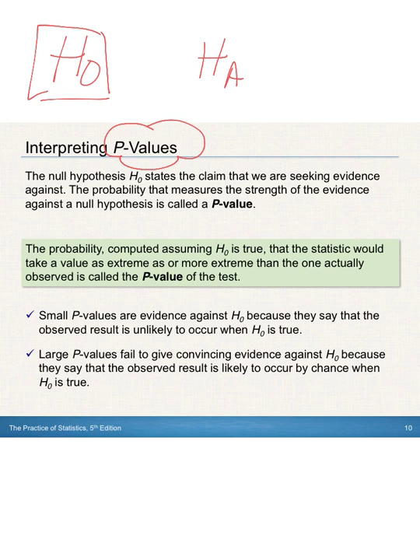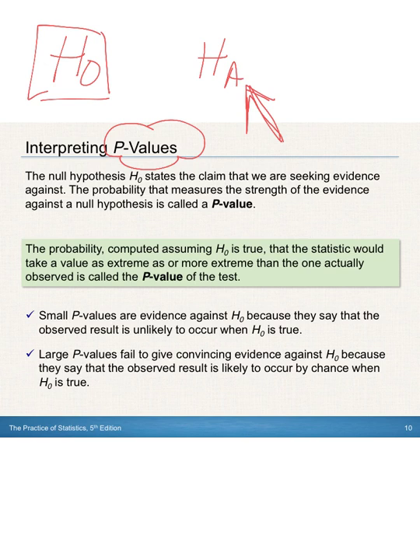So unless there is enough convincing evidence, and that's what we're going to be looking at in terms of our alternative hypothesis, unless there's convincing evidence otherwise, the null hypothesis stands. It is not rejected. It is the default. So the null hypothesis is the claim that we're seeking evidence against. The probability that measures the strength of that evidence is called a p-value.